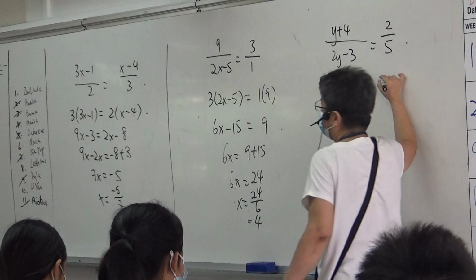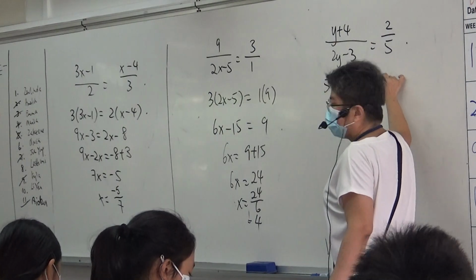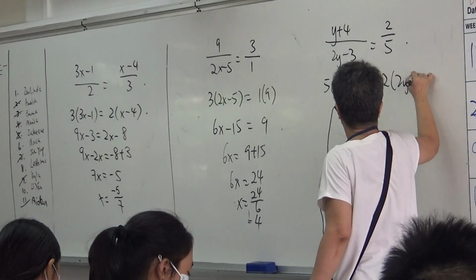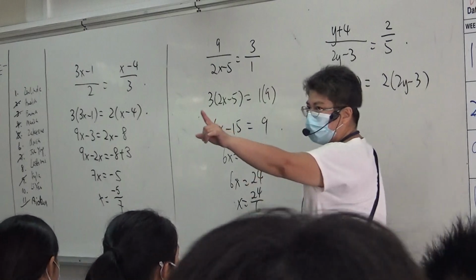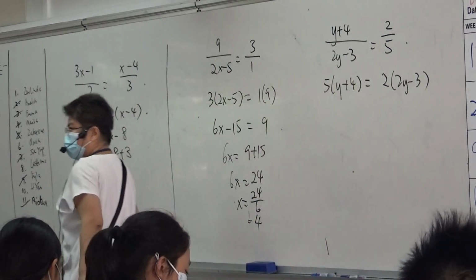5y plus 4 equals to what? 2 bracket 5y minus 3, right? Okay, expand and solve for me now. Hold on.